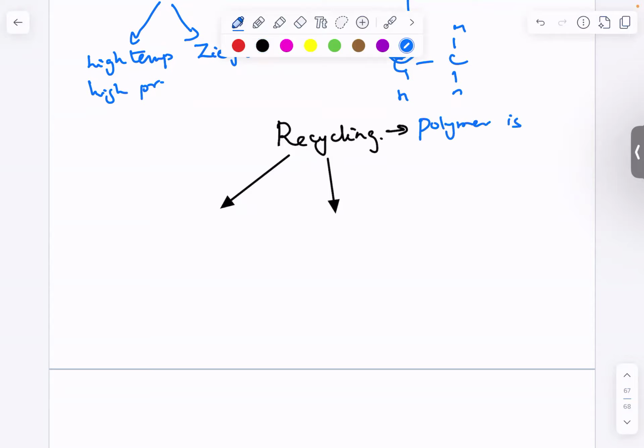When the polymer is discarded, let's suppose any bucket, any rope, anything which is not in use now, because its functionality has stopped, that means it can't function anymore. So we have to recycle it. Now there are two ways of recycling: mechanical recycling and feedstock recycling.